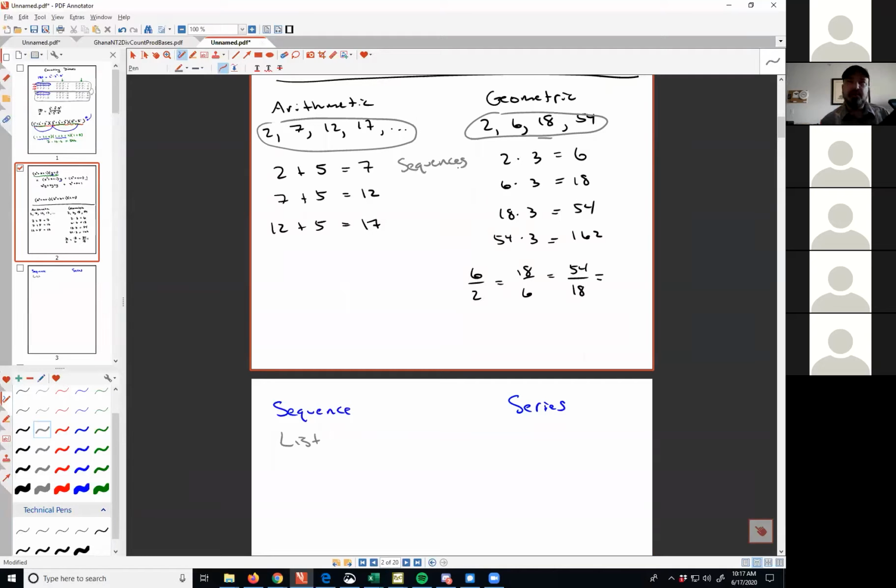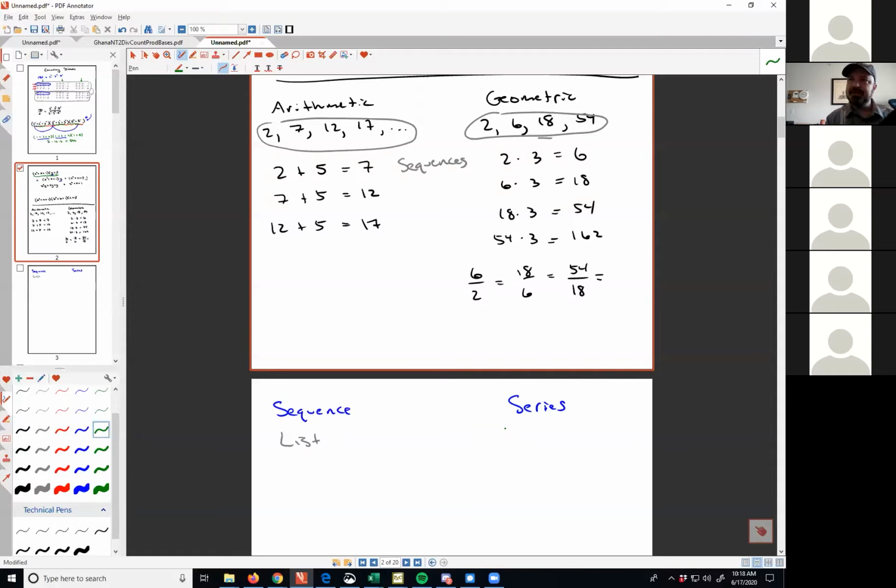So if those are sequences, what is a series? I'm not sure, but the list ends, and I think a series does not end, it can go on. Not quite. A sequence can go on. You can have infinitely many terms in a sequence.